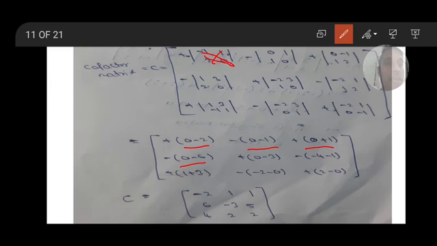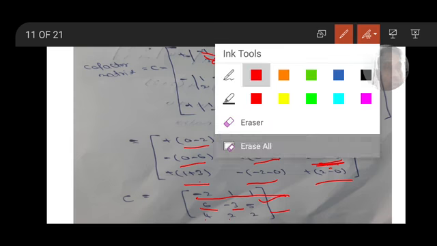Next, 0 minus 6 gives minus 6, so minus of minus 6 is 6. Then 0 minus 3, minus 3. Then minus 4 minus 1 means minus 5. Then 1 plus 3 is 4, and minus of minus 2 is plus 2. That is the cofactor matrix.